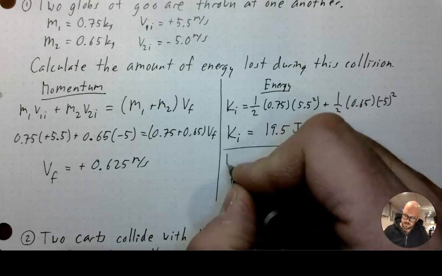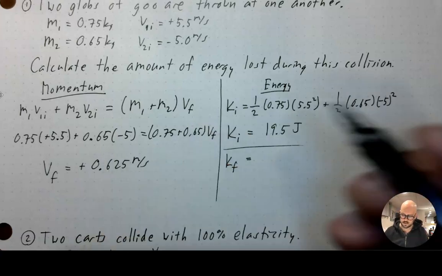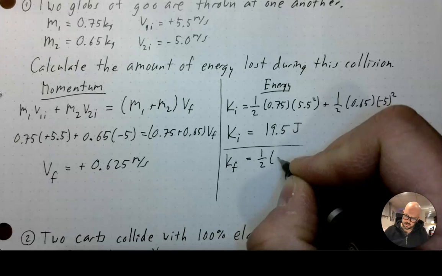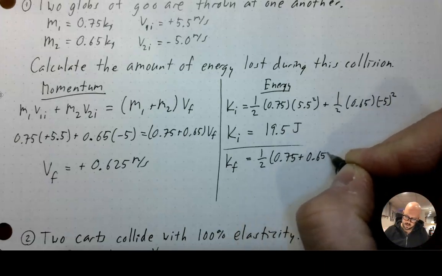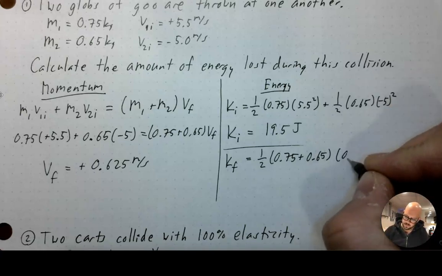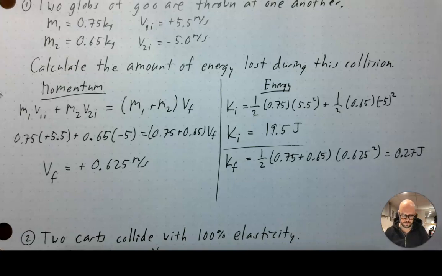Okay. The final kinetic energy is going to be based on the data that I just figured out using momentum. So they are essentially one object. I don't have to calculate this separately because they're essentially one mass. So I add their masses and I multiply that by 0.625 squared, with the 1/2. And that is a tiny 0.27 joules. Cool.